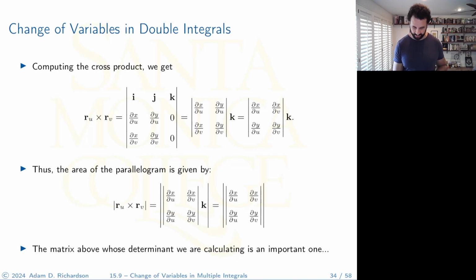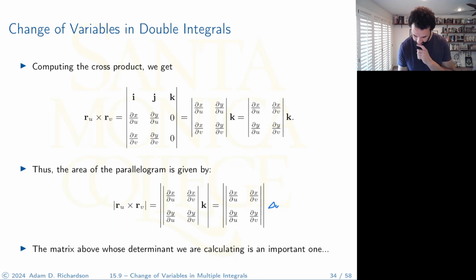Oh yeah, it ends up being the same. That's right. So you end up getting this, but this will end up being the same as this. So you basically get this matrix right here, and then you're taking the determinant of it. So what is the area of the parallelogram? Ooh, slight error here. Slight error.